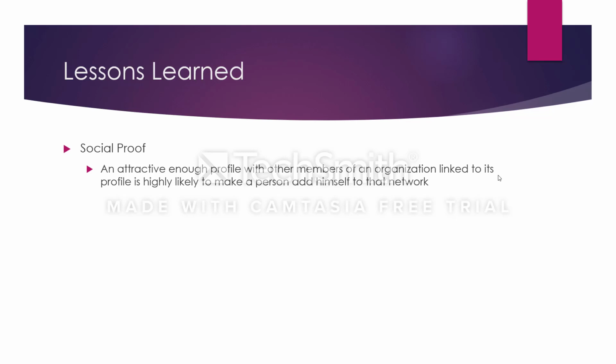Those 200 mutual friends will most likely make that person seem trustworthy, and from there a person would automatically want to add himself to that network, so more and more people are becoming more famous from that.